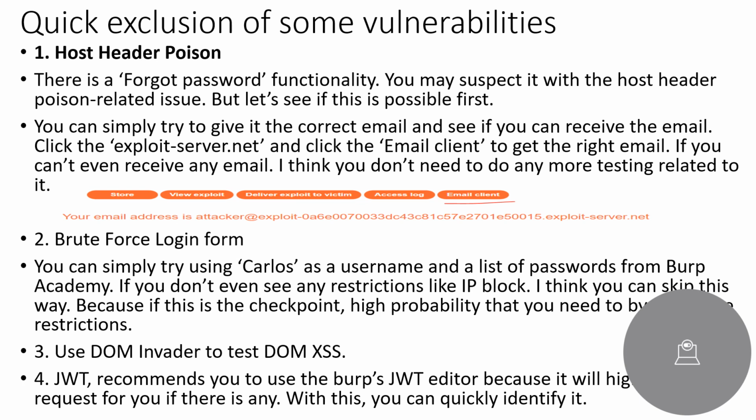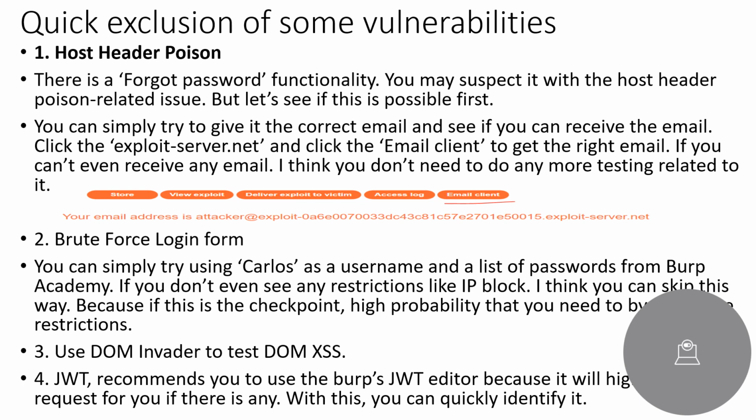The fourth is about the JWT, the JSON Web Token. I would recommend you to use the Burp JWT Editor, because it will highlight the request for you if there is any.